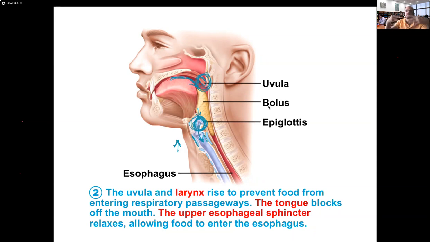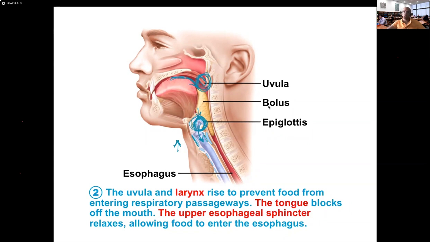Can you take a deep breath when you swallow at the same time? Can you do both at the same time? What do you think? You can try it now if you want. Can you breathe in and swallow at the same time? No, you can't.